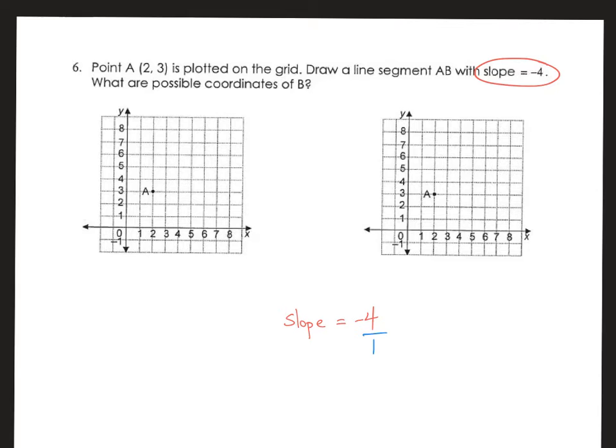And so when we see that integer, we need to know that we have a rise of -4 for every run of 1. And so very quickly then on my graph, maybe I went over 1 and now down 1, 2, 3, 4, and came to a finishing point on B. Or perhaps I went backwards 1 and therefore up 1, 2, 3, and 4.